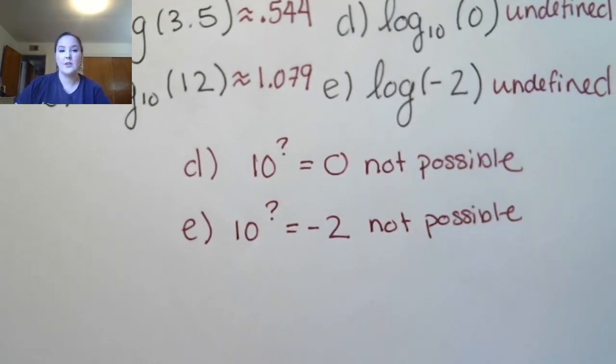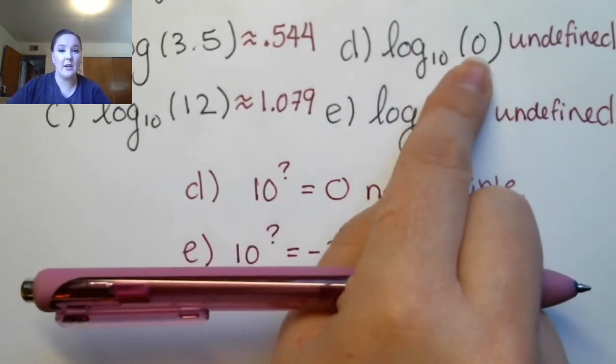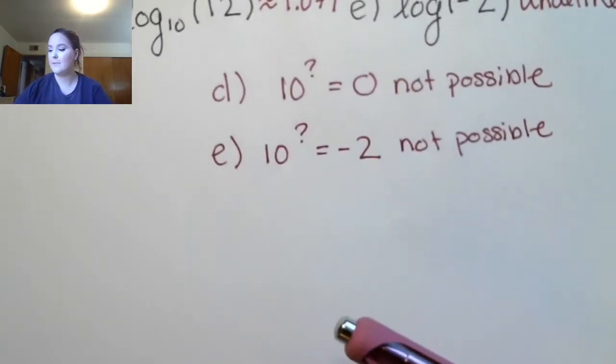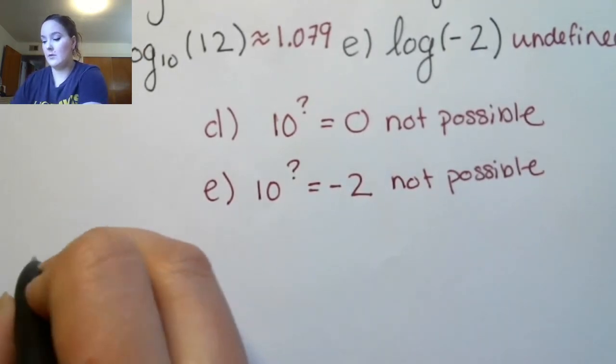So you'll see that the only things you're allowed to plug in to log are positive numbers. Let's write that down.